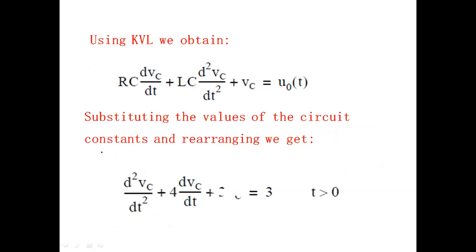Substituting the values of the circuit constants and rearranging, we get the equation d2Vc over dt squared plus 4 dVc over dt plus 3 Vc is equal to 3, where t is greater than 0.